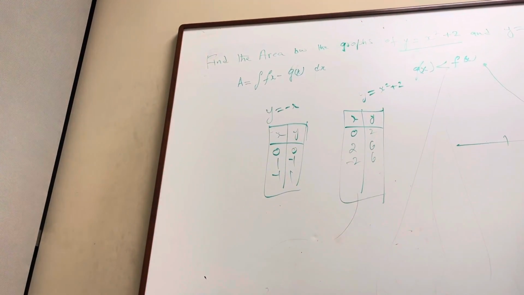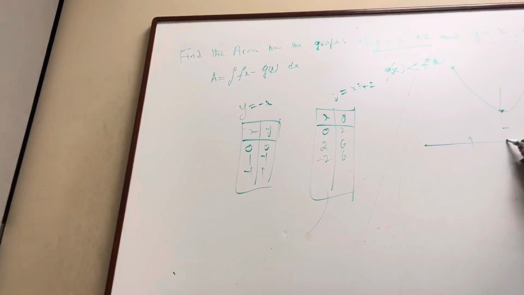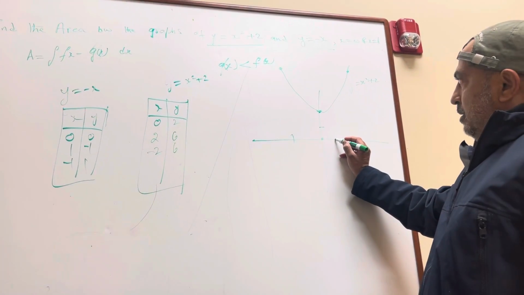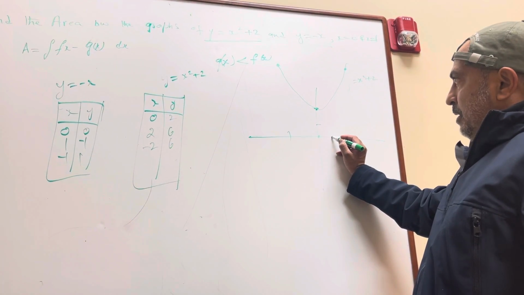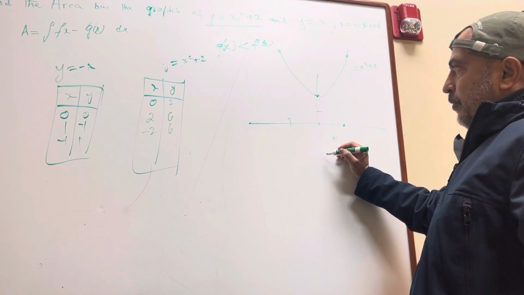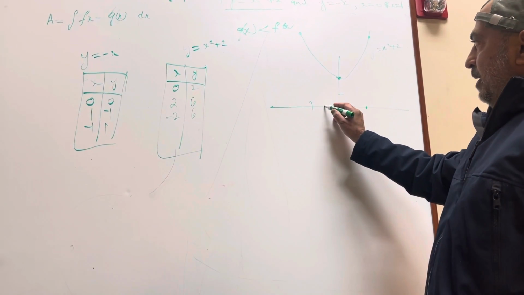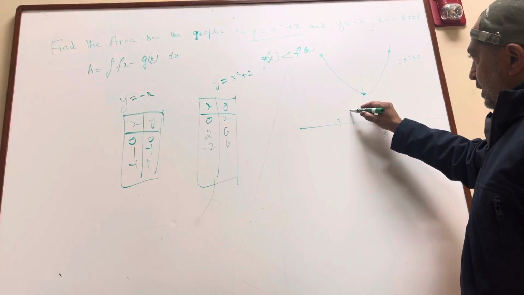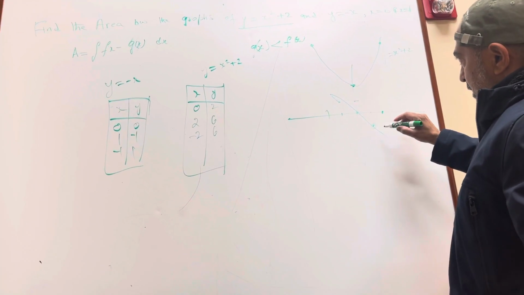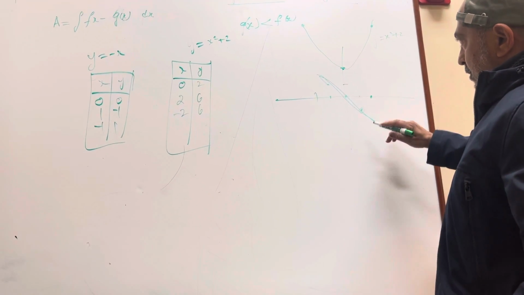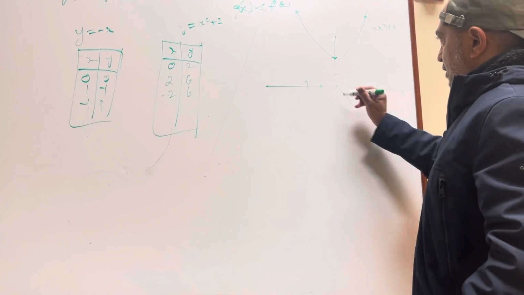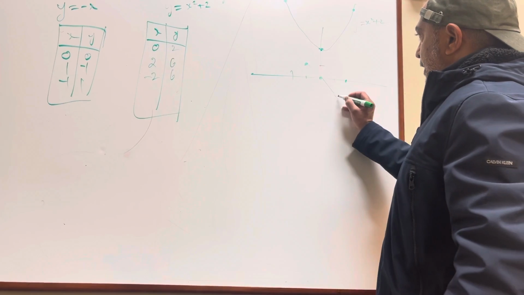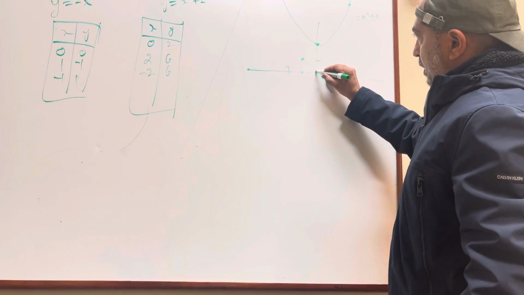So the graph for the second one will be 0, 0, then x is 1 and y is minus 1, this point. And when x is minus 1, then y will be 1. So this line will be like this. So this point and this point, we will just draw the line.